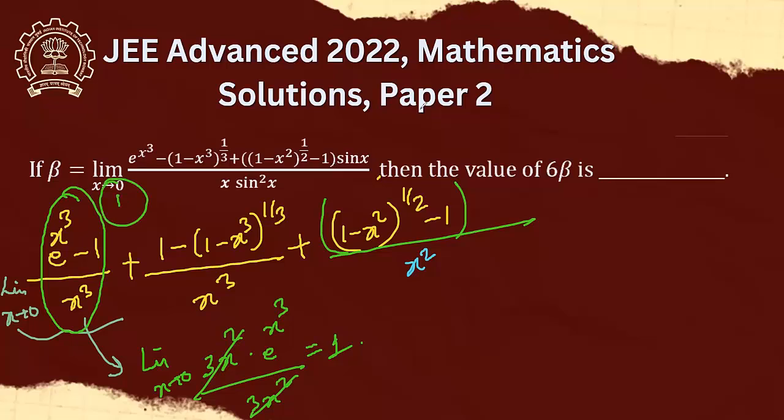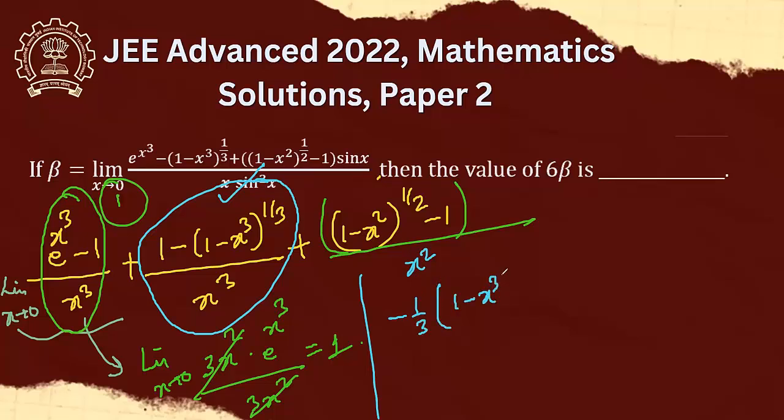Now see the limit of the second one. This is again for x equal to 0, again 0 upon 0 form. I can use the L'Hospital's rule. I differentiate the denominator and the numerator both. So I will get minus 1 by 3 times 1 minus x cube times minus 3x square, upon 3x square, right?